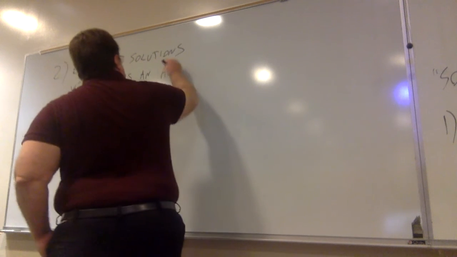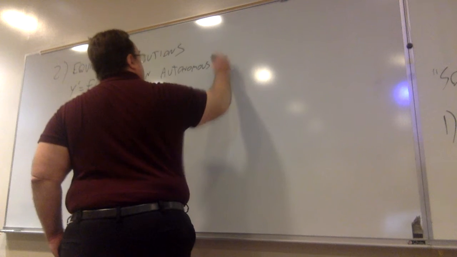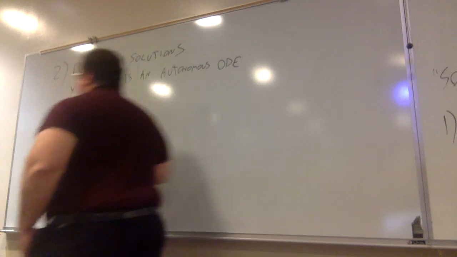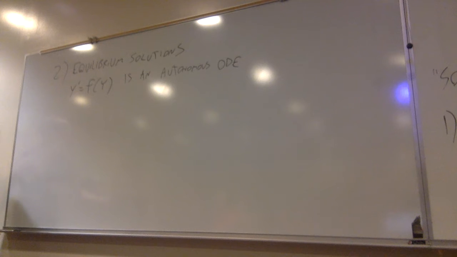And that is called an autonomous ODE. So when the time derivative is independent of t, and it was in that example, so the right-hand side depended only on y, not t, so that was an example of an autonomous ODE. So we're going to focus on these.